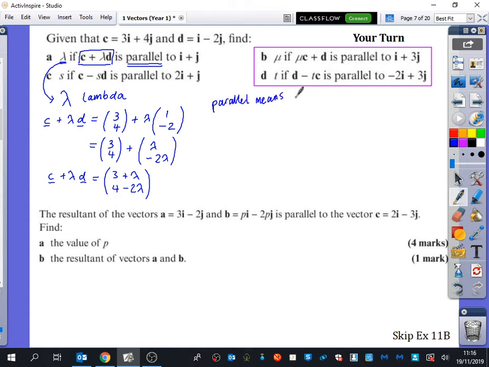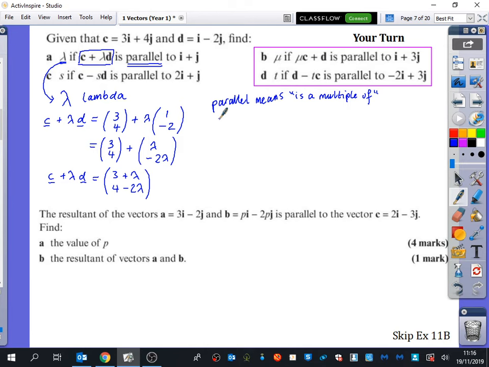What was that, Kausa? Yeah, good. Parallel means that they are multiples of each other. So parallel means is a multiple of. So this must mean this is a multiple of this.